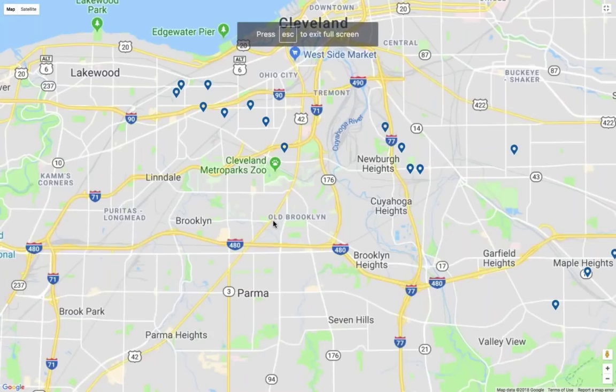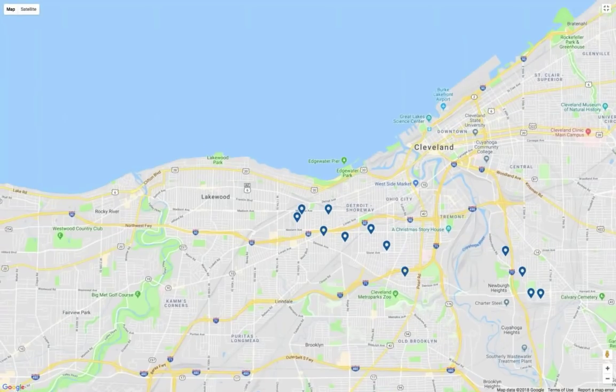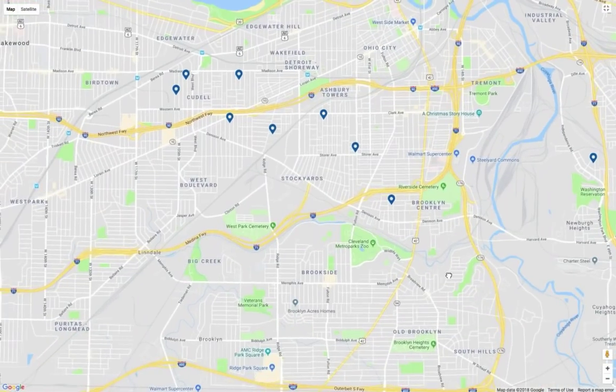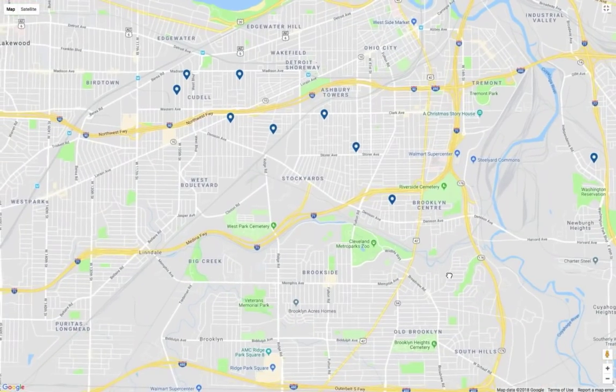If you look at the map here, there's downtown Cleveland, and then there are the cool, hipster, trendy neighborhoods, Ohio City and Tremont. And you've got the Detroit Shoreway and Lakewood, all these places, and Old Brooklyn down here. These are basically the greatest neighborhoods, really cool, growing neighborhoods in Cleveland. So then you have West Cleveland in the middle of it.